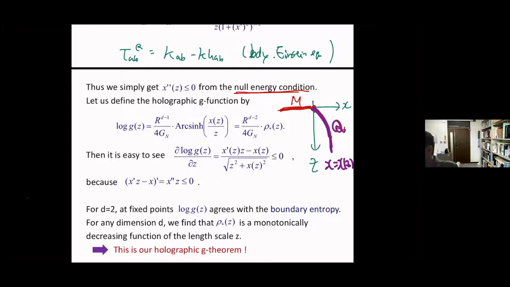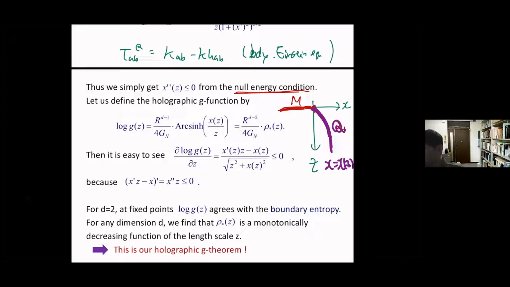And basically this angle, the tension, as we saw, this angle here, right? The angle here is basically the tension. And this tension is directly related to the g function. At a fixed point, this is true. So it is quite natural to take this ratio, x over z, right? And at a fixed point, this is rho star, as we used, right?